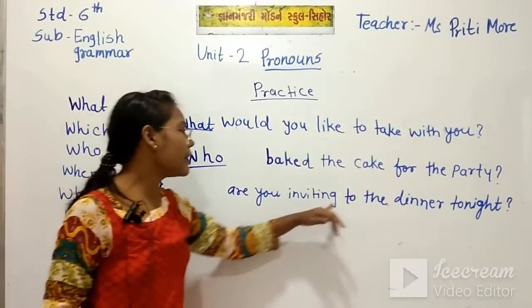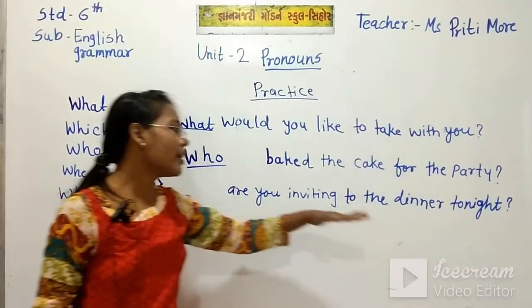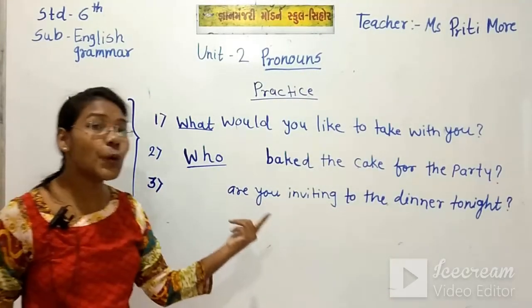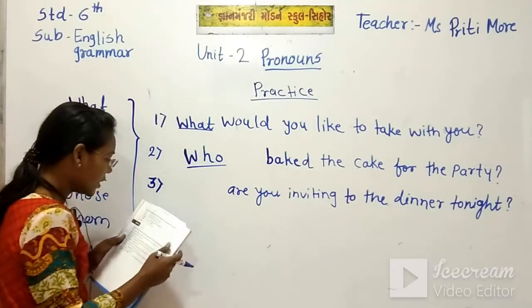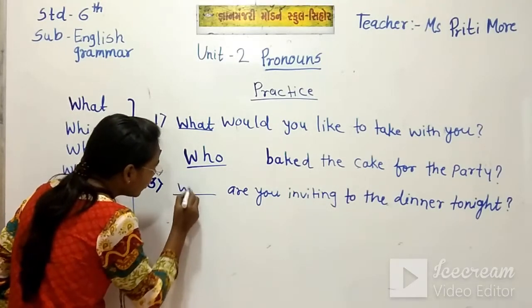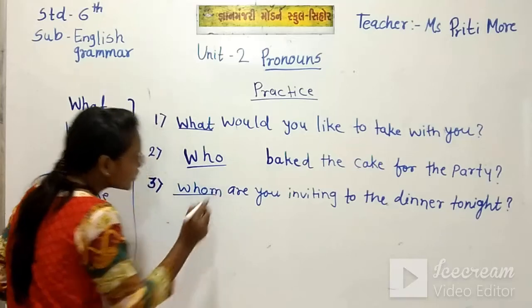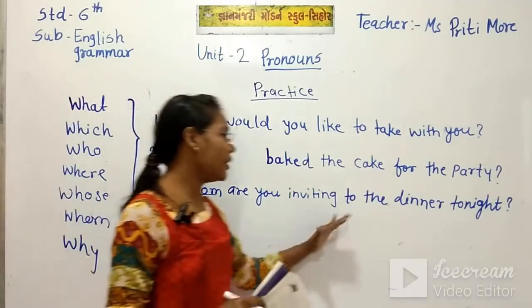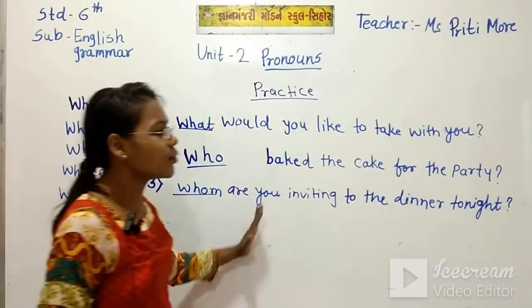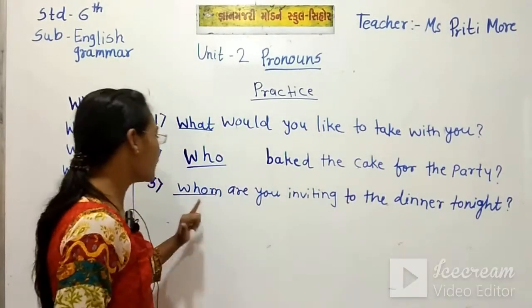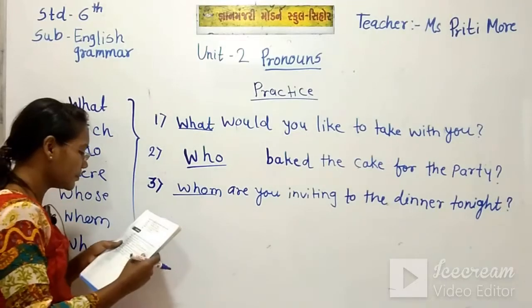To whom are you inviting to the dinner? So here the word coming will be whom. Whom are you inviting to the dinner tonight? Now the question is completed by using the word whom.